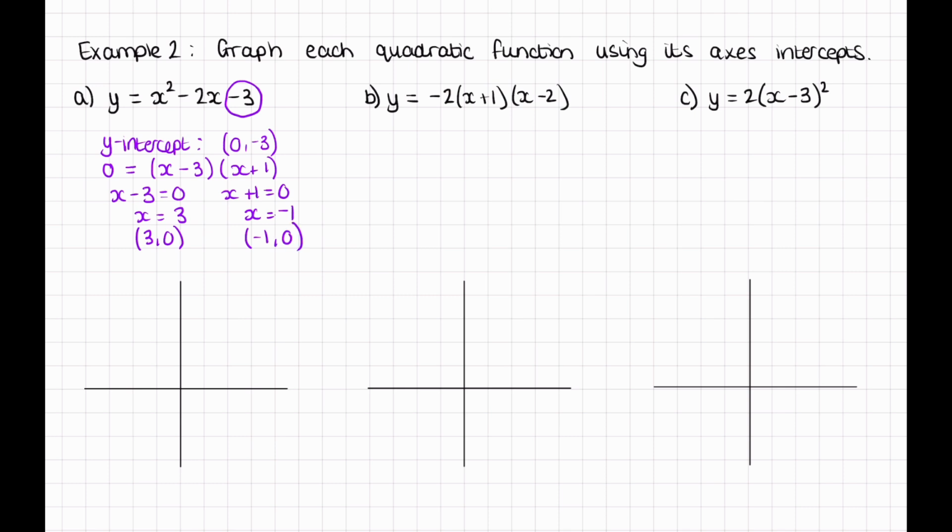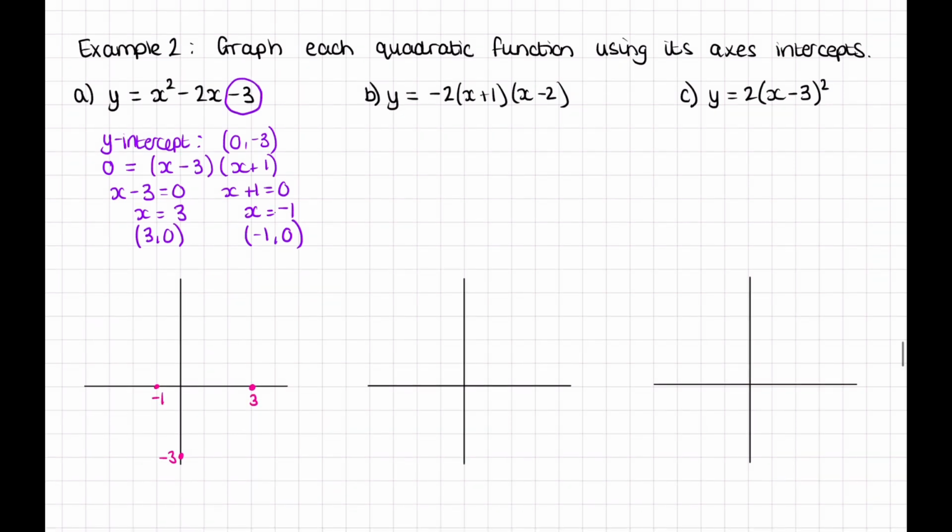Now we can plot this information on the graph. The y-intercept is at negative 3, and our x-intercepts are at 3, 0 and negative 1, 0. From there we can draw the quadratic function, and it's got to go through all those three points. That's what the sketch would look like.